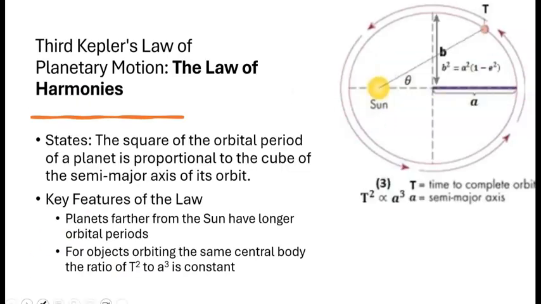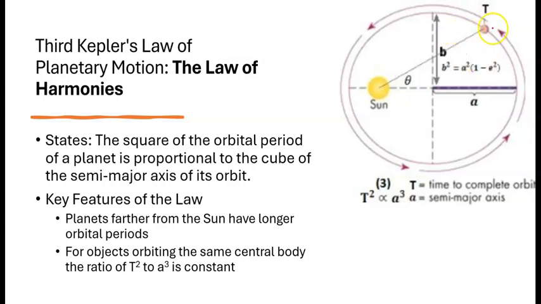And then next, we move to the third Kepler's law of planetary motion, which is also known as the law of harmonics. This law states that the square of the orbital period of a planet is proportional to the cube of the semi-major axis of its orbit.